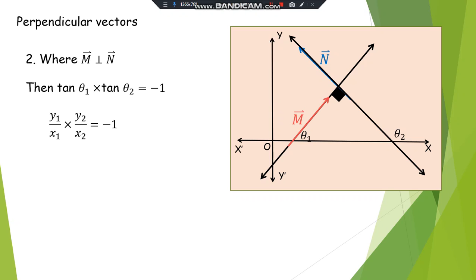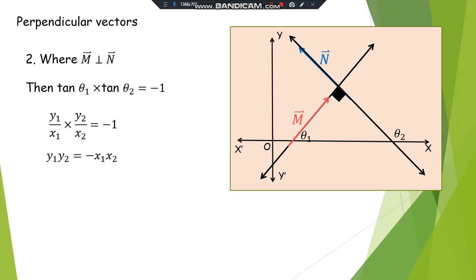Tan theta 1 means y1 over x1, and tan theta 2 means y2 over x2. So by cross multiplication, y1 y2 equals negative x1 times x2.